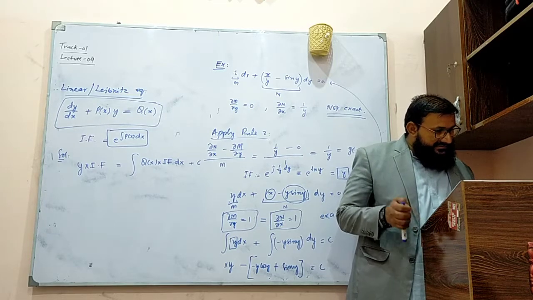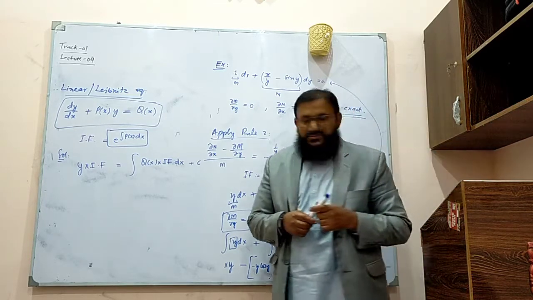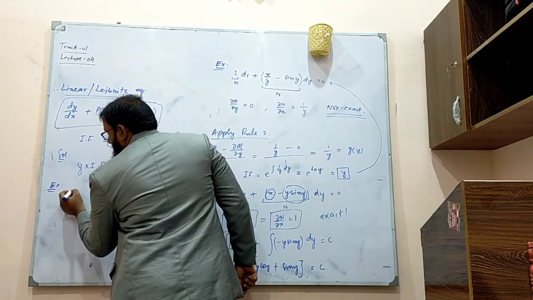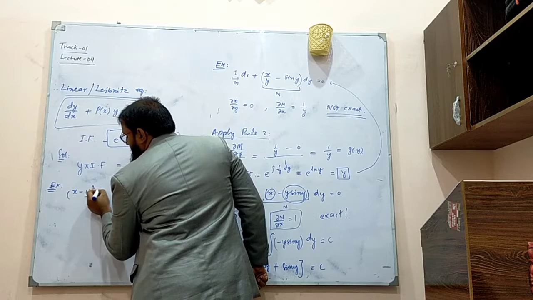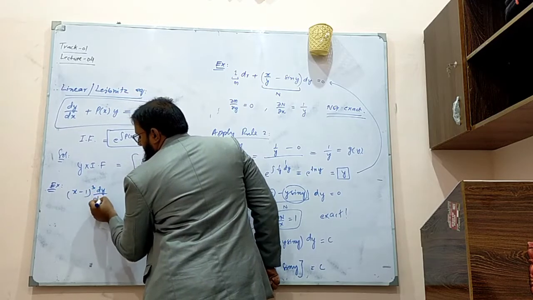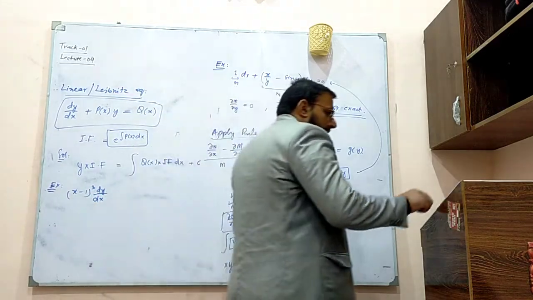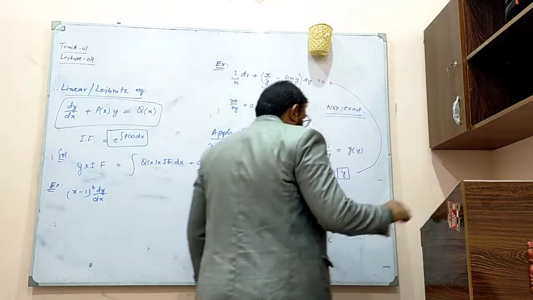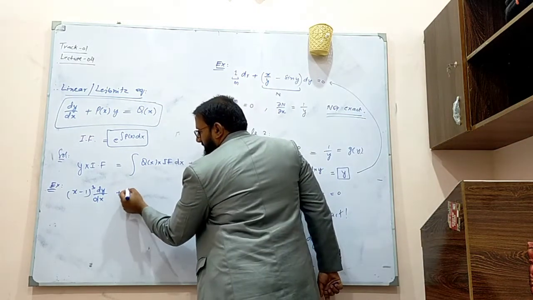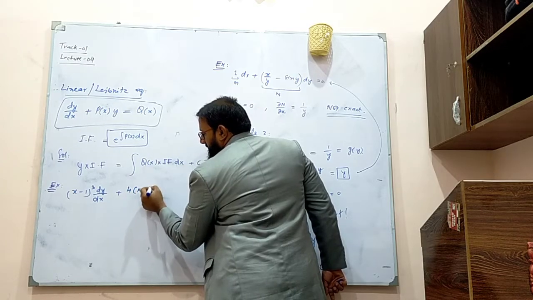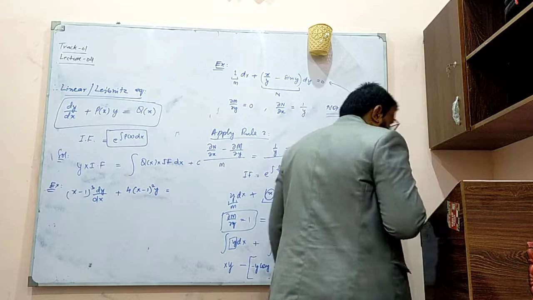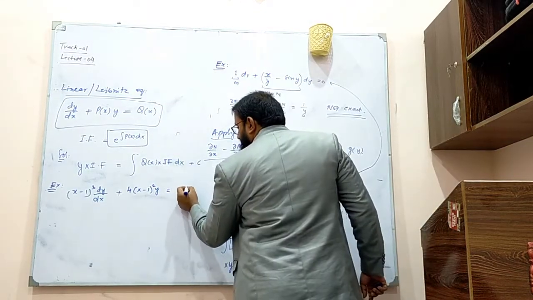So it is (x minus 1) cubed dy by dx plus 4(x minus 1) squared y equals x plus 1.